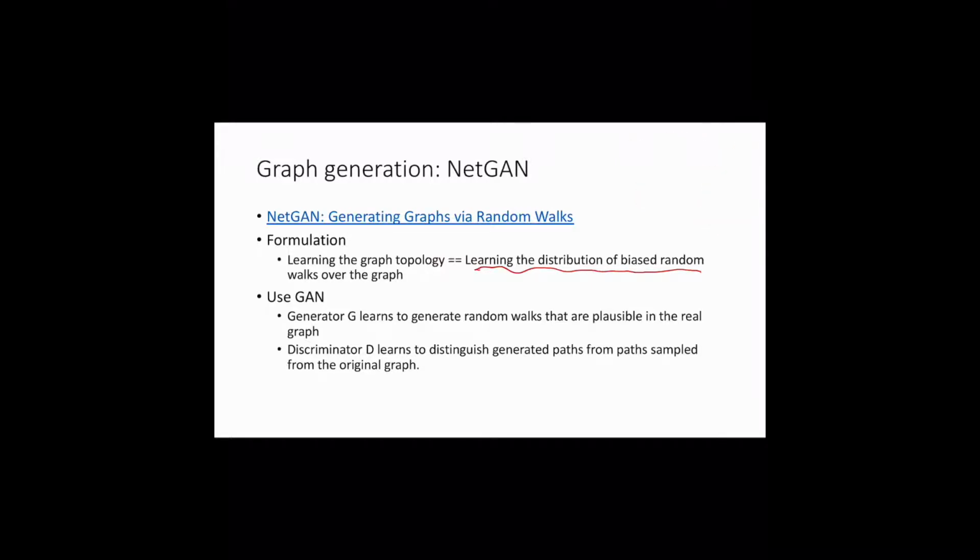So for the discriminator, if we had paths in the original graph that looked like this, but the generator generated a path here that didn't exist, then the discriminator would know that this is not a plausible path in the original graph and steer the generator model towards not producing these.